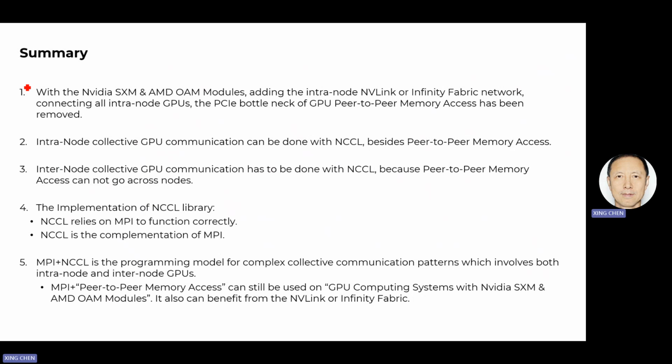The first topic we discussed is that with this kind of GPU, with this kind of SXM and OEM modules from Nvidia and AMD, the MPI plus peer-to-peer programming model that works on computing systems with PCIe adapters can be made faster, because these peer-to-peer memory accesses can benefit from this added NVLink or InfiniBand.